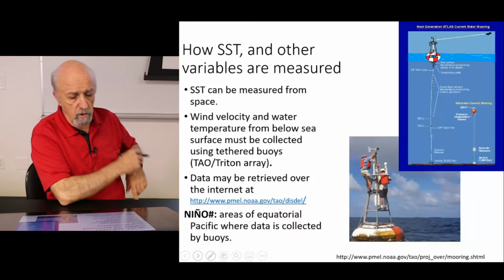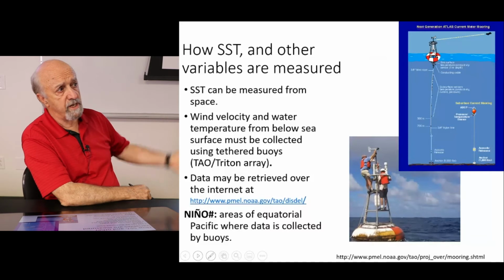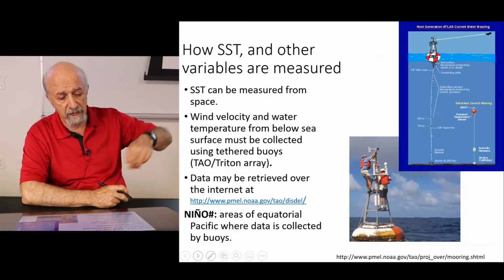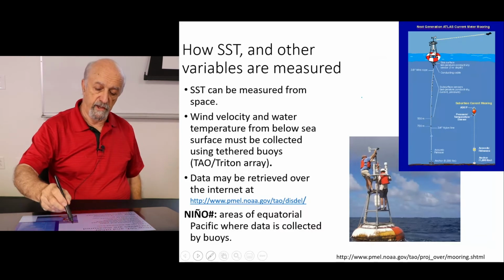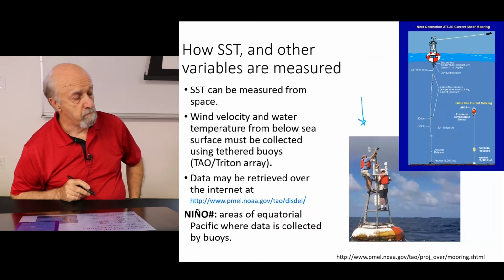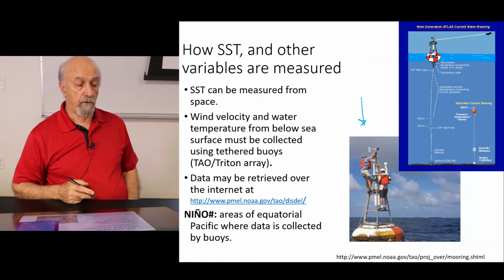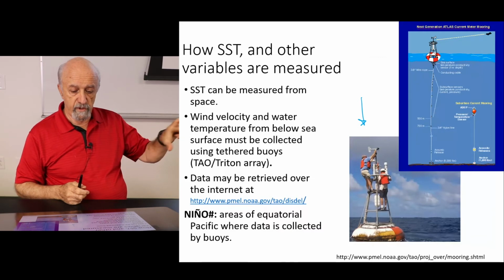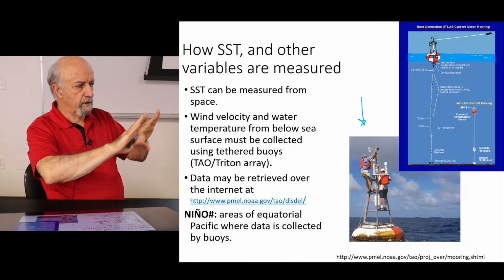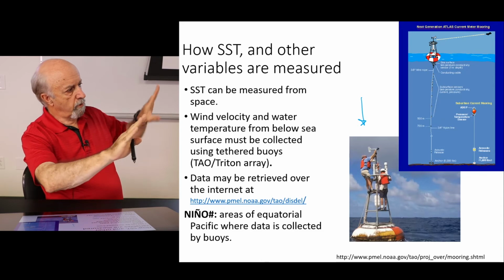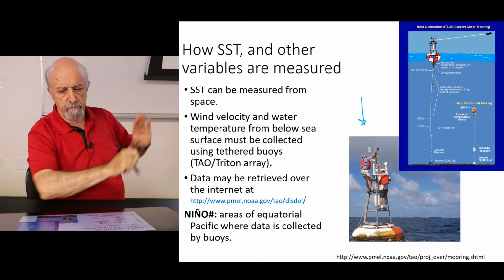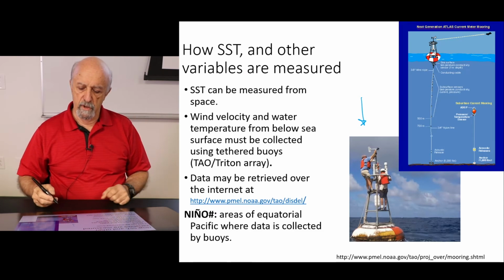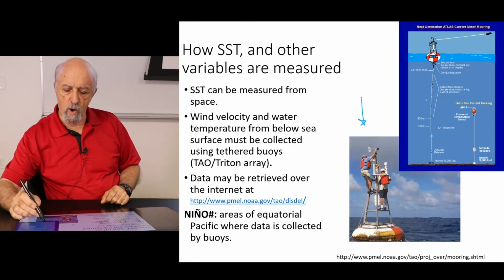But this is all good and fine, all these models, all these animations. How do we come out with those values to make the model? Well, by using this. This is a buoy. These buoys, I know it's not really only one, are concentrated in the central Pacific in a band that goes all the way from coastal Peru all the way to Australia. And they're measuring temperature, atmospheric pressure, and temperature in the water, depending on where we go.